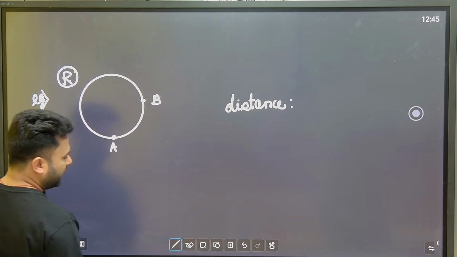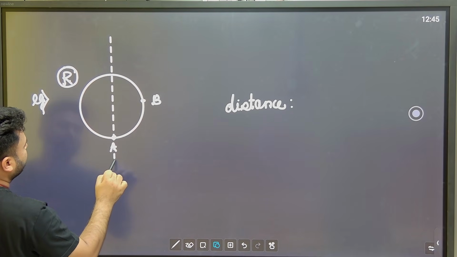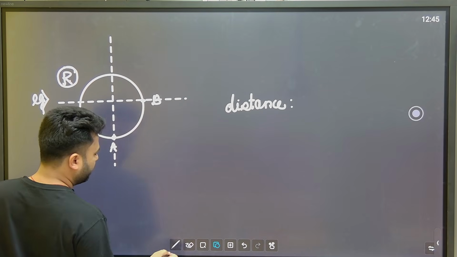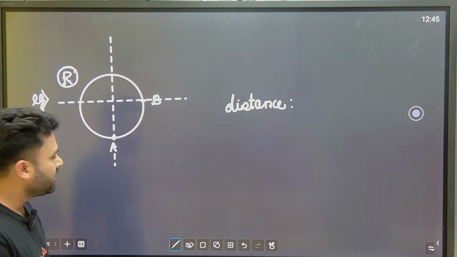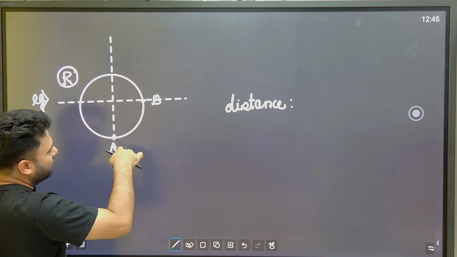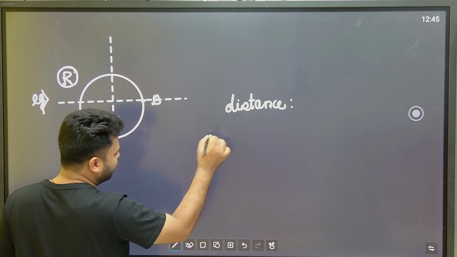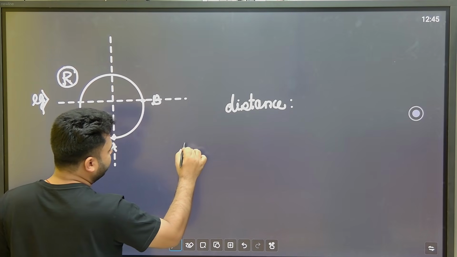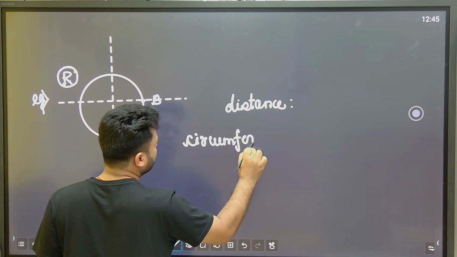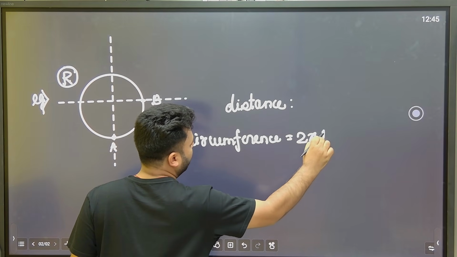Now, what I can do, I can divide this circle into 4 parts. How to know this arc length? If I see the entire length of the circle, that is the circumference. What is the circumference formula for a circle? Circumference will be 2 pi r.